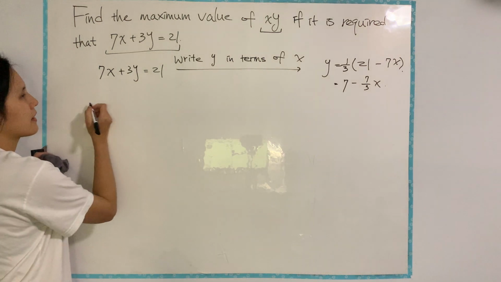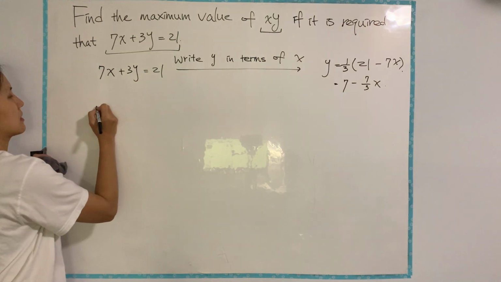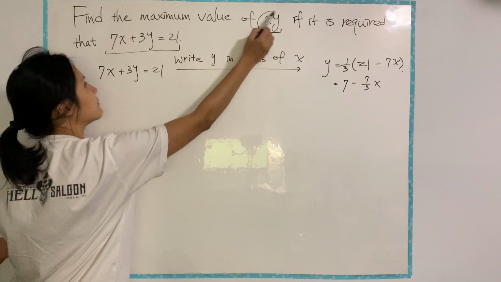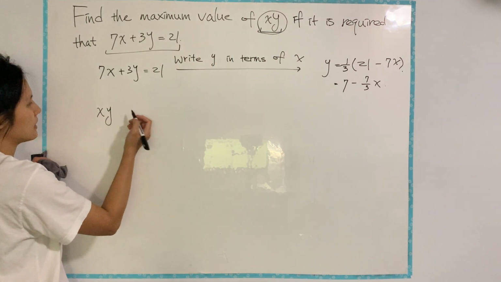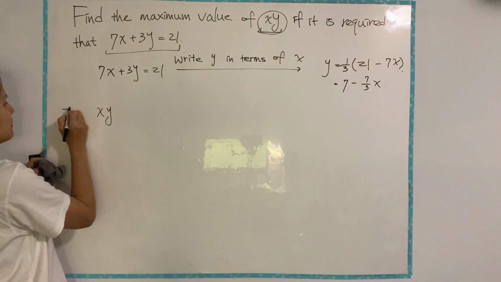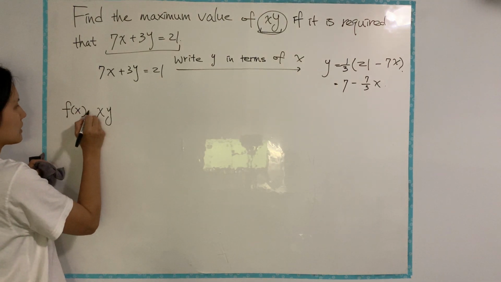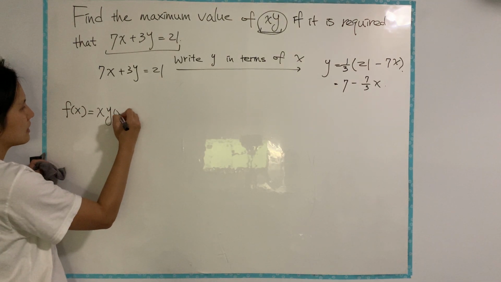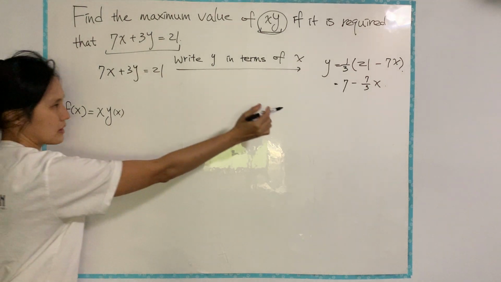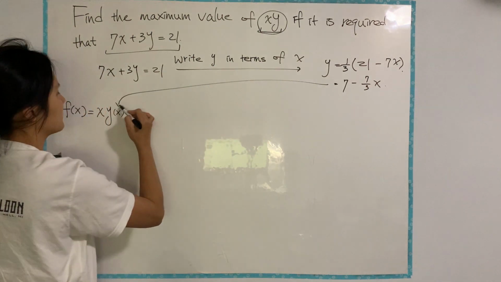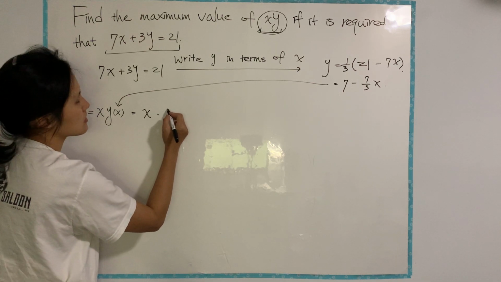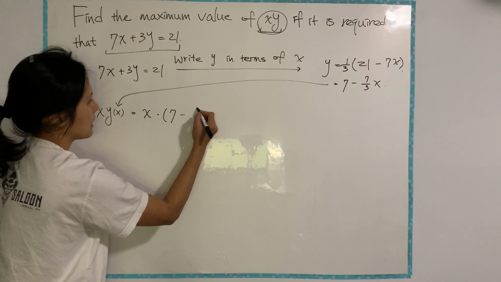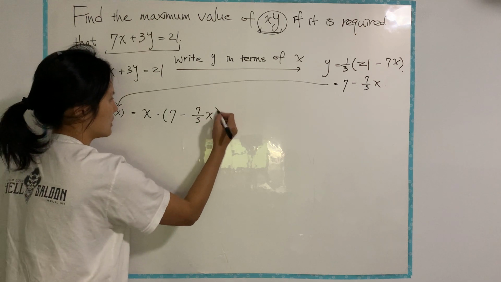And that tells us the value that we want to maximize. So x times y, if we call this function f of x, I'm going to write y as a function of x, so that's this one. So that'll be x times 7 minus 7/3 x.